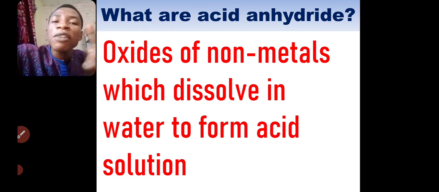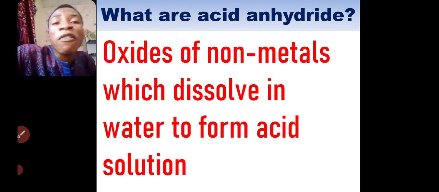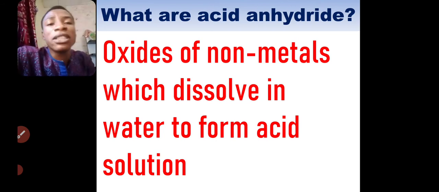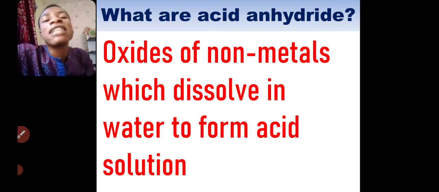Oxides of nonmetals. Nonmetal like sulfur, nonmetal like carbon, nonmetal like nitrogen. Their oxides are known as acidic oxides, or if you like, acid anhydrides.